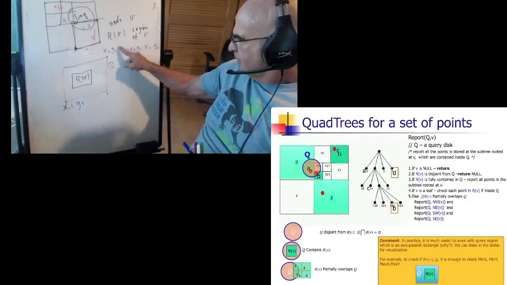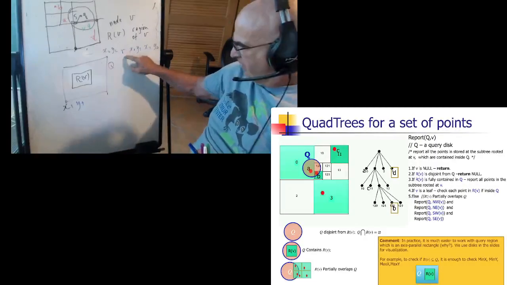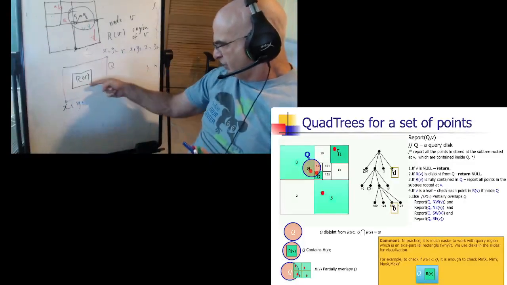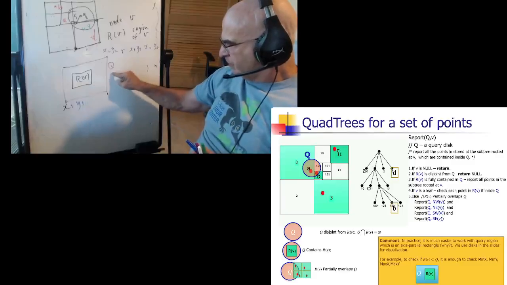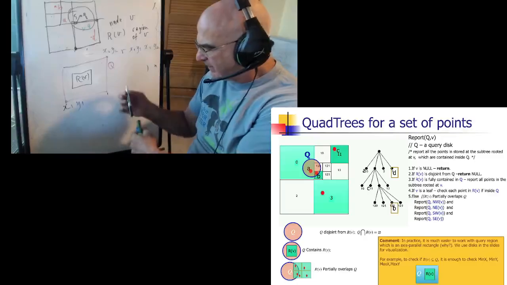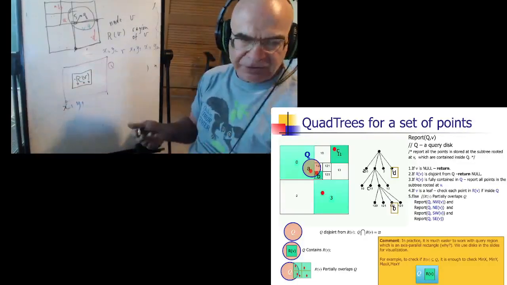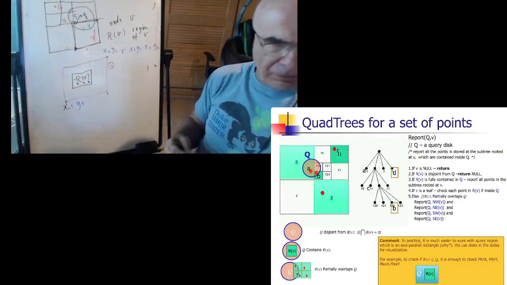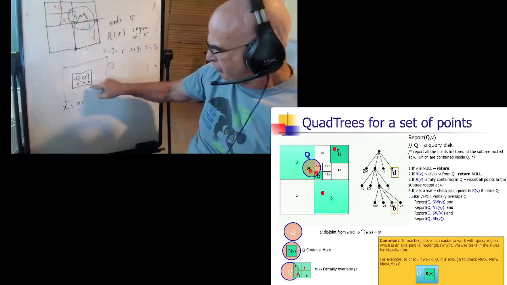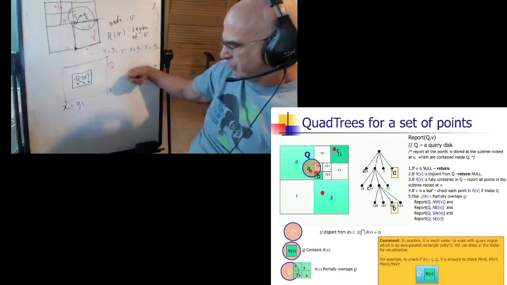You'll also have an operation called count in the homework that asks how many points I have inside the query region, and when you get to this condition that R of V is fully inside Q, then you just need to know how many data points R of V stores. In the homework, it will be endpoints of segments that R of V stores. And you're saying, I don't need to know about each one, the identity or the location of each one.